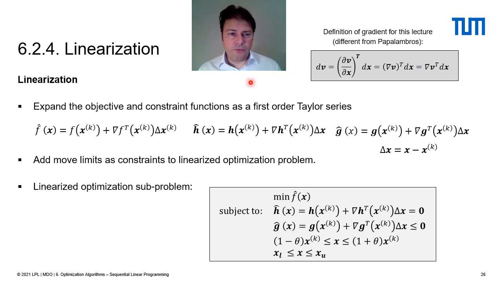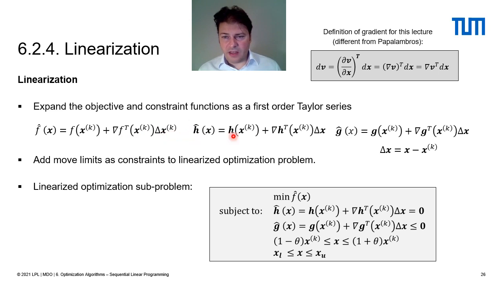And therefore, if we do a Taylor series expansion, we will have to write that the approximated objective function f at a position x is the function f at the reference point plus the gradient transpose evaluated at the reference point times delta xk.